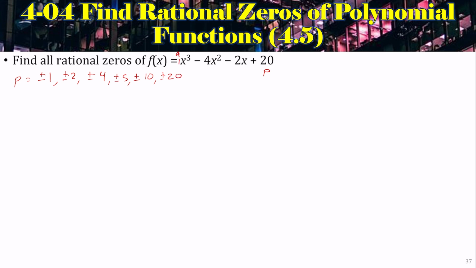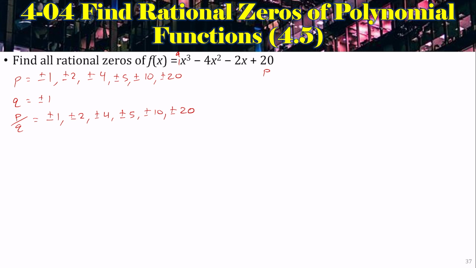Q's are factors of the leading coefficient, which in this case is 1. So the p's over q's happen to be the same as the p's. By the way, if you're writing out this list and you end up with the same p divided by q twice, so maybe you had 3 over 1 and 6 over 2, which both give you 3, just write it once.